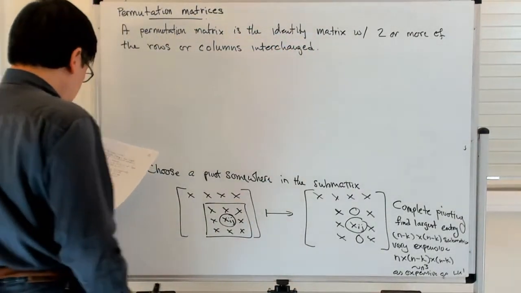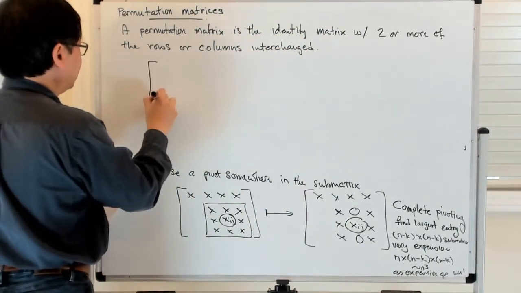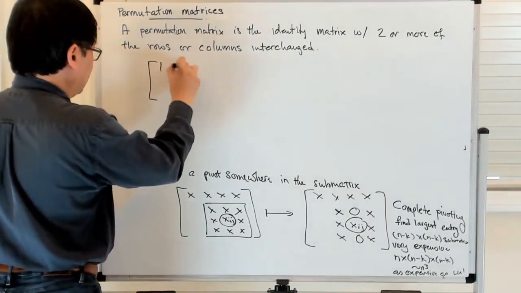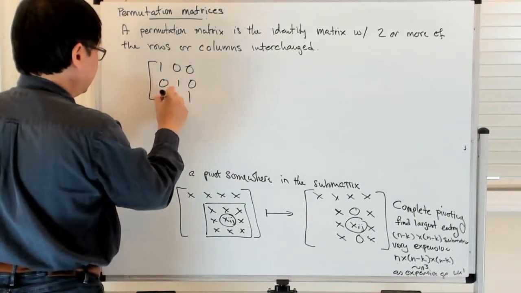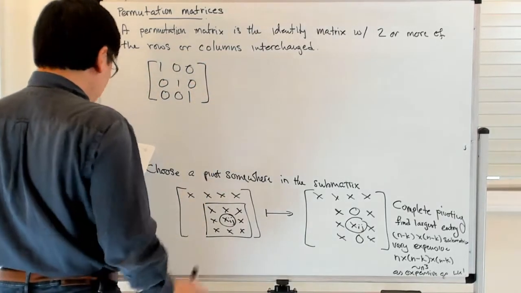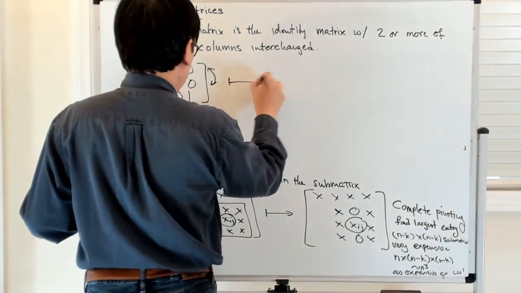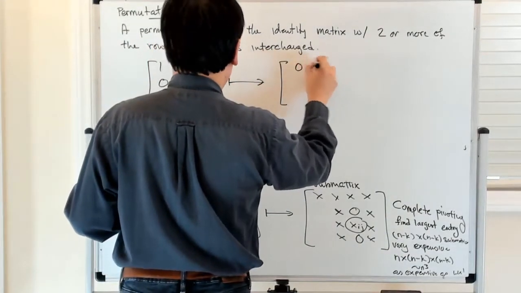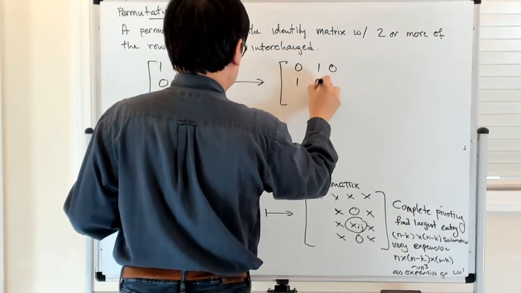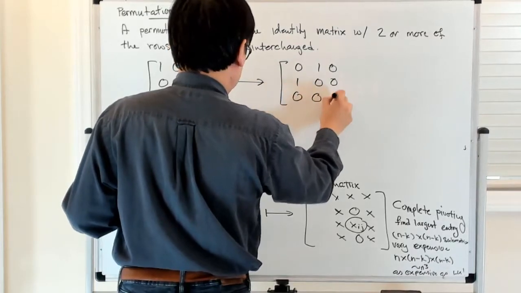As an example, if I start with the 3 by 3 identity matrix and swap the first and second rows, what I get is the following: 0, 1, 0; 1, 0, 0; 0, 0, 1.